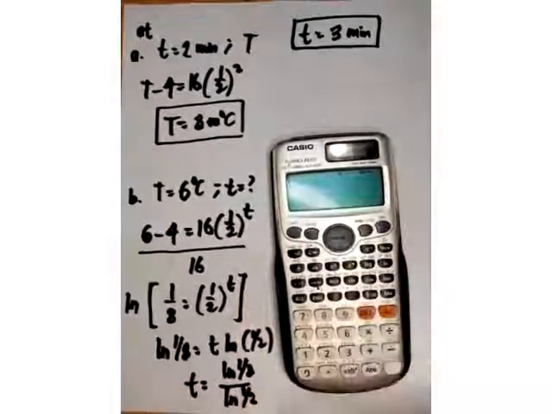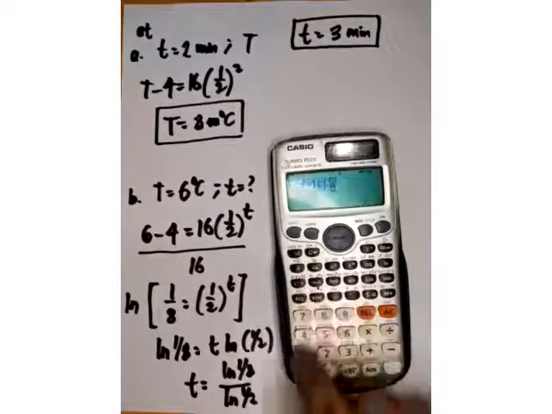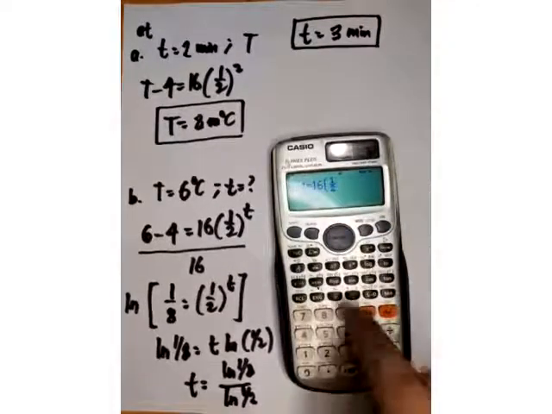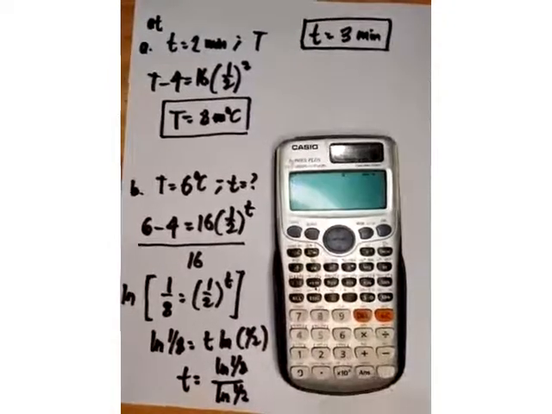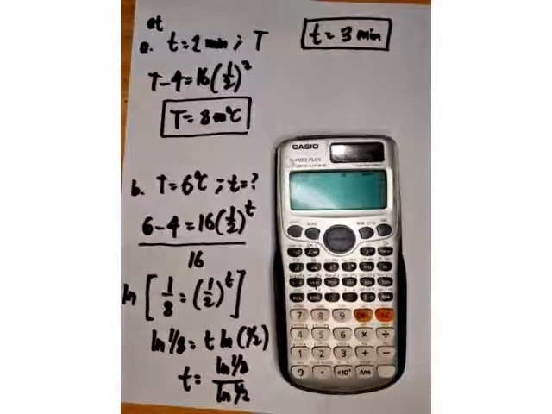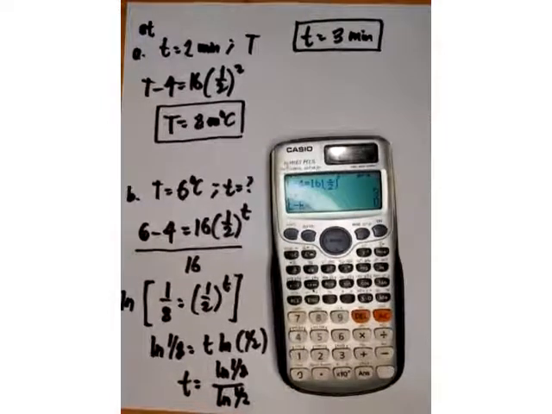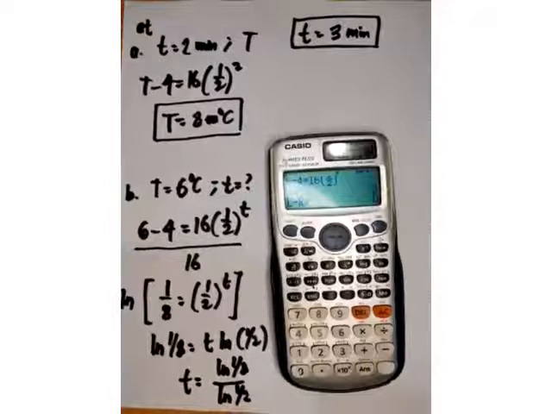So 6 minus 4 equals 16. Ayan. So the answer is 3. Okay? Okay. Any question?